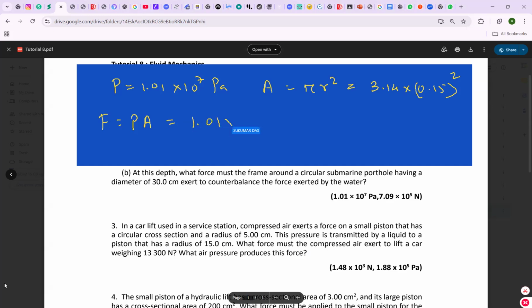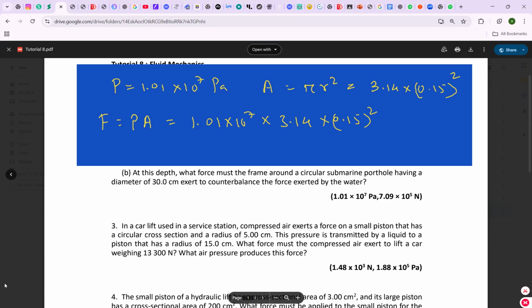So 1.01 into 10 to the power 7 into 3.14 into 0.15 squared. Let me use my calculator to check what we are getting. So it is 1.01 times 3.14 times 0.15 times 0.15.